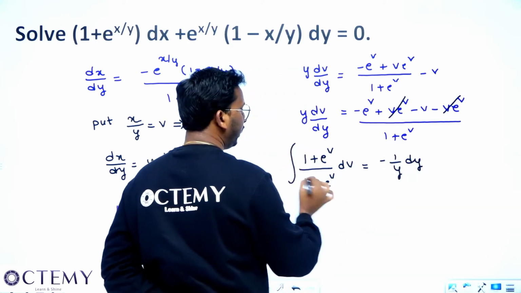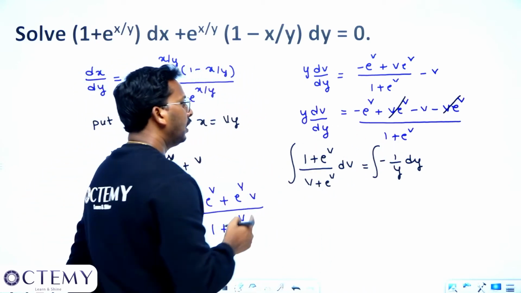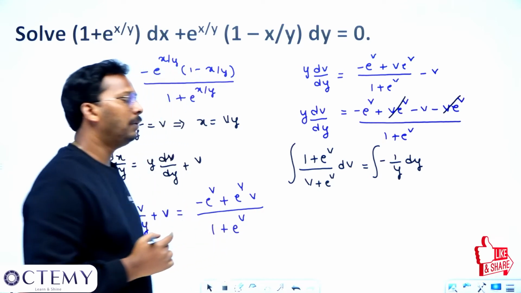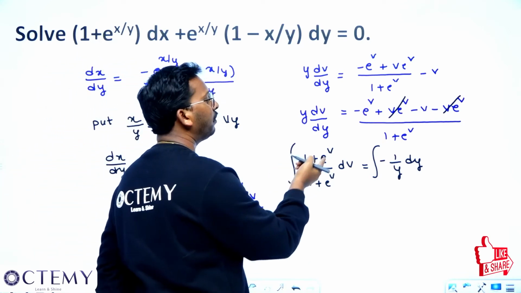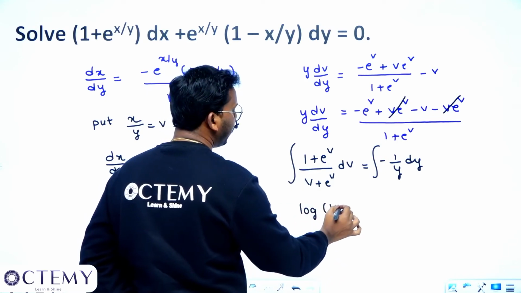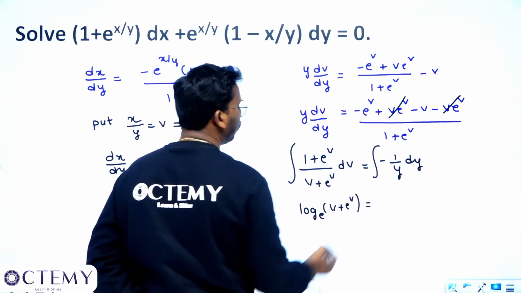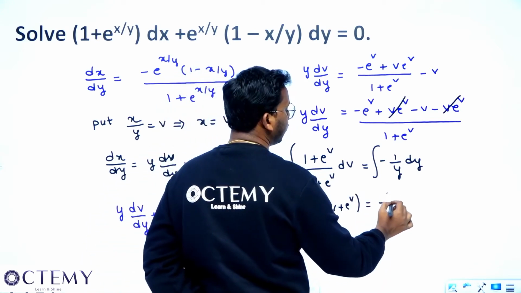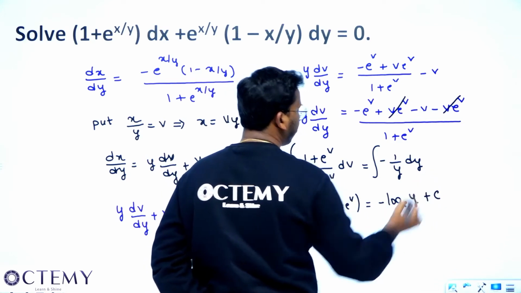Now you just simply integrate. What is the differentiation of v plus e power v? The differentiation of v plus e power v is 1 plus e power v dv. There is a numerator, so it will become log base e of v plus e power v is equal to minus log base e y plus c, right?